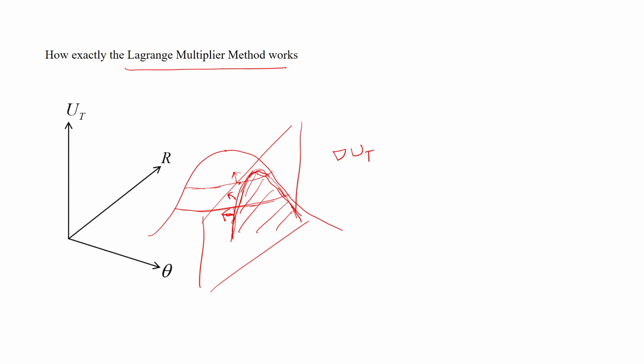Finally, when you reach this point, the slope of Ut and the slope from this constraint, let us say I represent it by delta v, have their directions matching. So, I can write delta Ut as some constant times delta v, the slope of v.